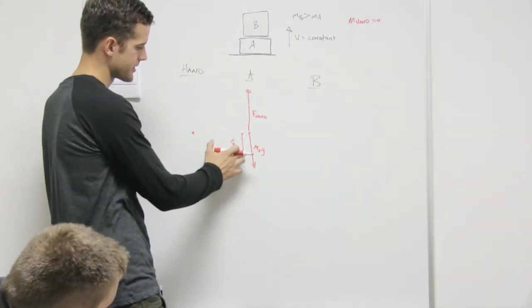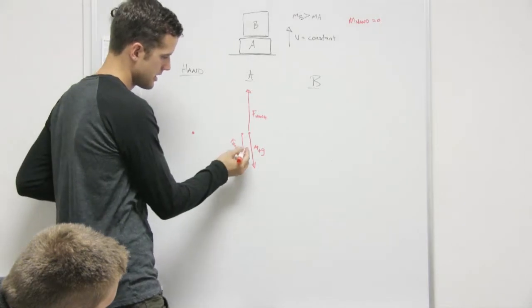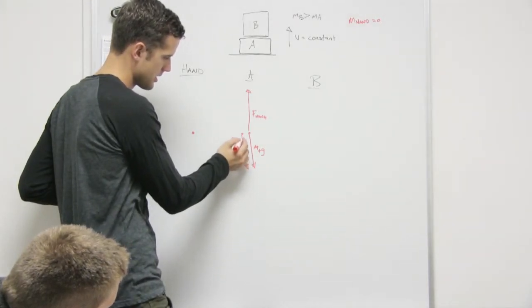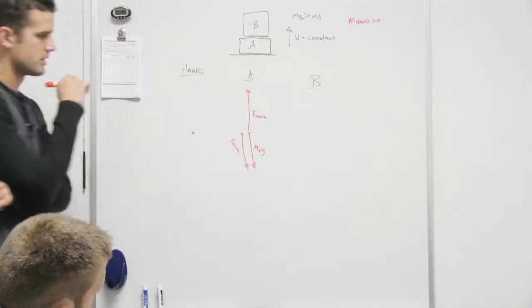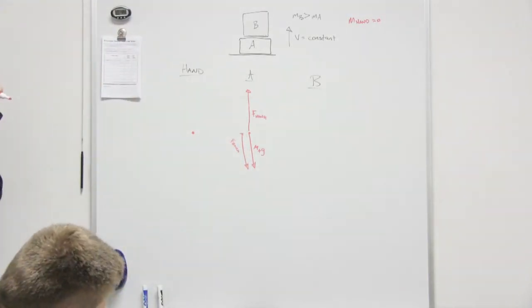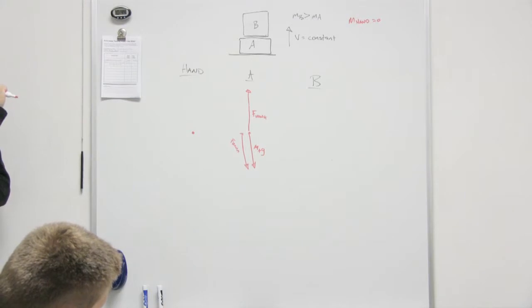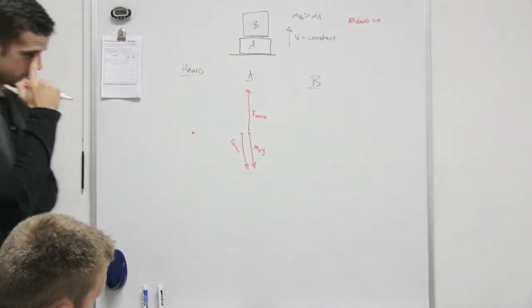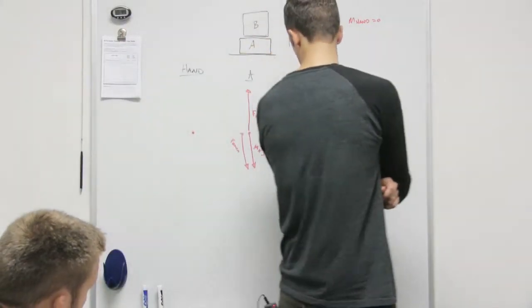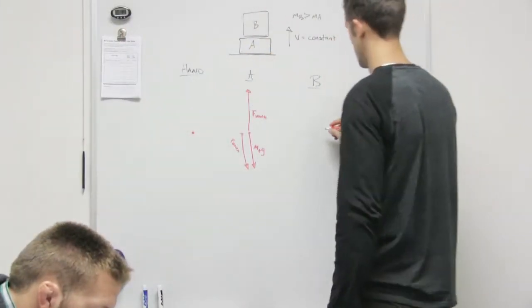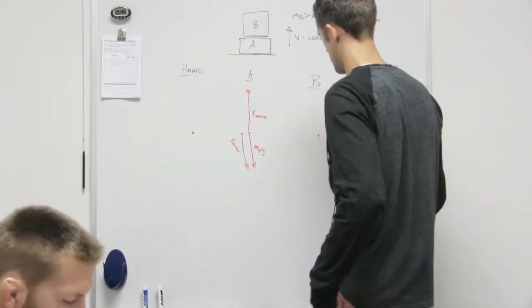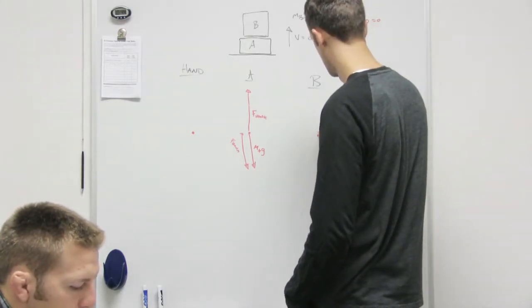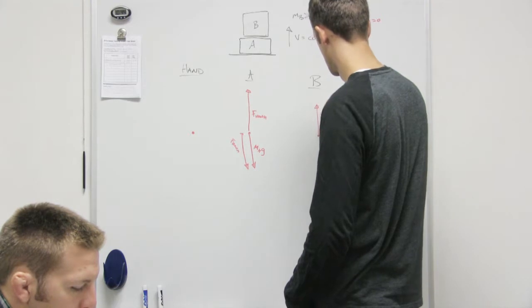We don't actually know for sure yet. What do you think? We can look at it here and compare it. So block B has pushing force of A on B.